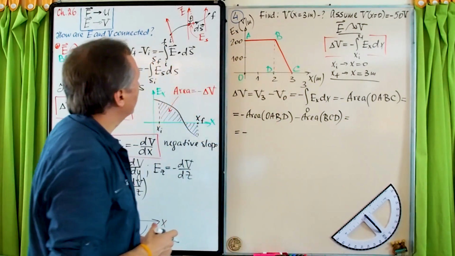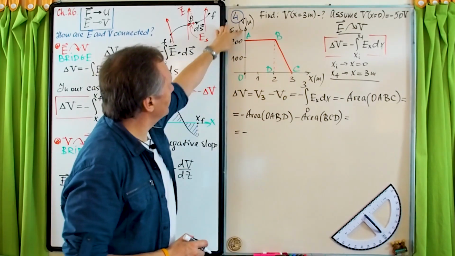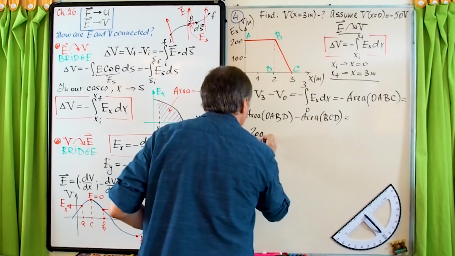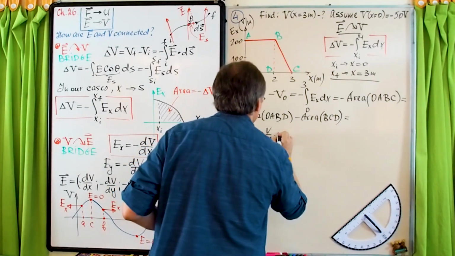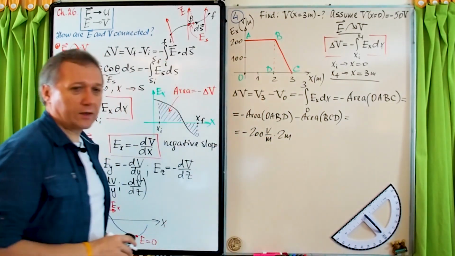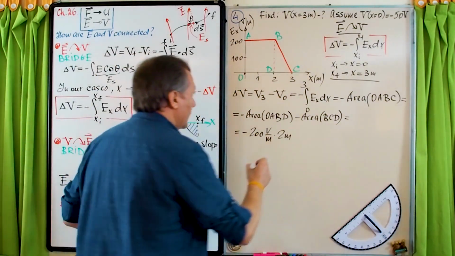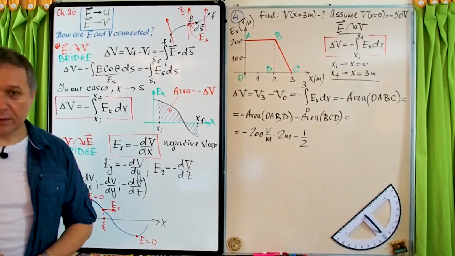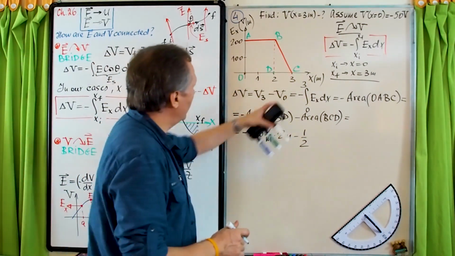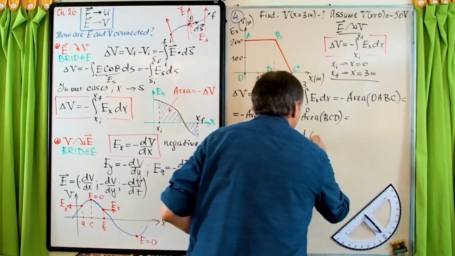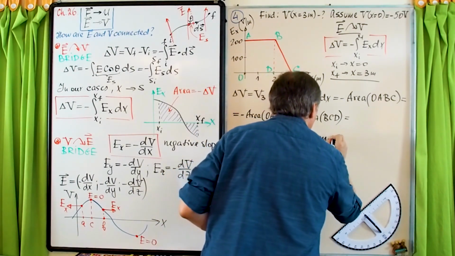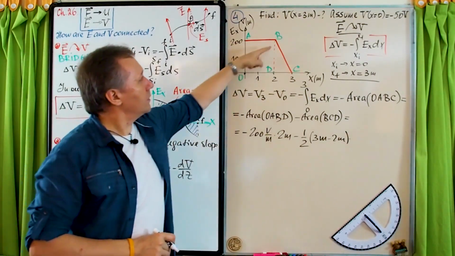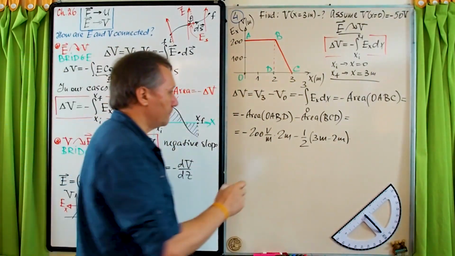Now minus 200 volts per meter times 2 meters, that's the area of the rectangle. For the area of a triangle, don't forget about 1 over 2 times base times height. The base is 3 meters minus 2 meters, and the height is 200 volts per meter.